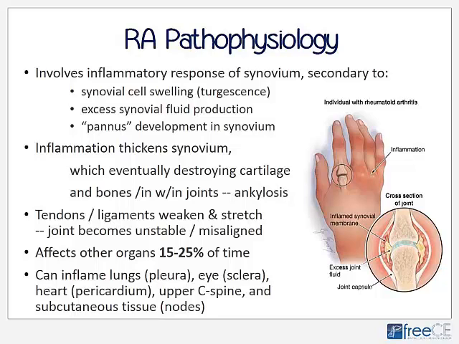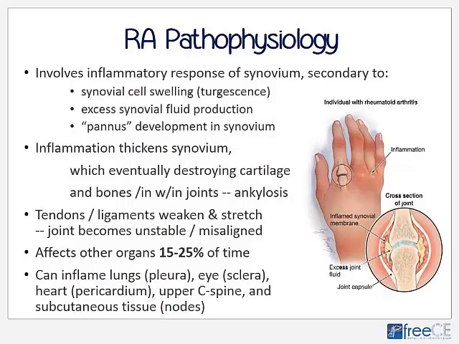And a pannus is a medical term for an abnormal layer of granulation tissue, or you could also call it fibrovascular tissue. And the inflammation thickens the synovium and eventually destroys cartilage and bone within joints. And these joints essentially fuse together, which is known as ankylosis.